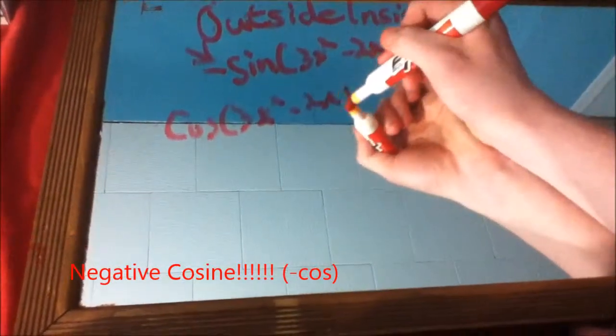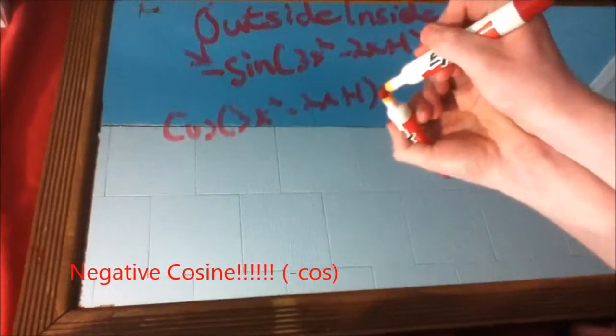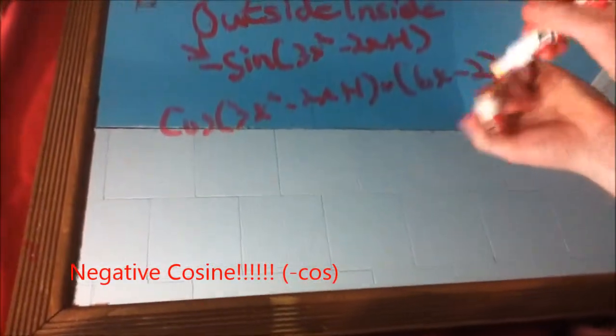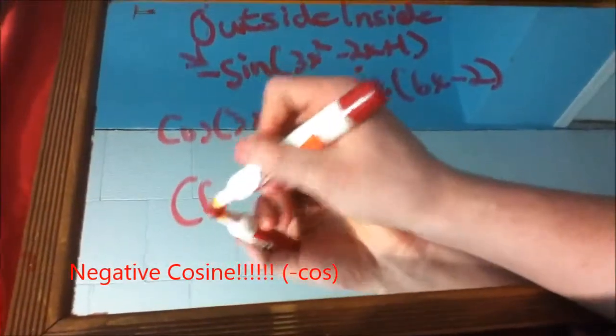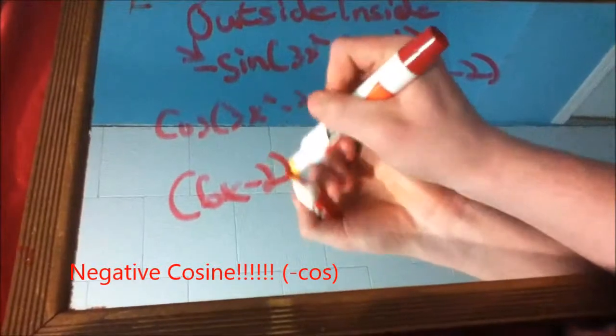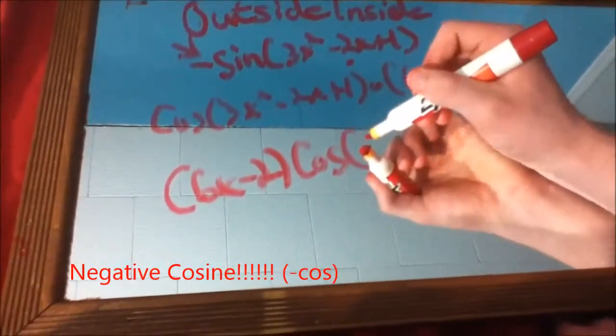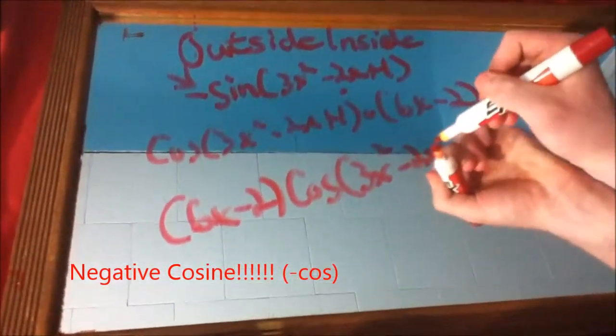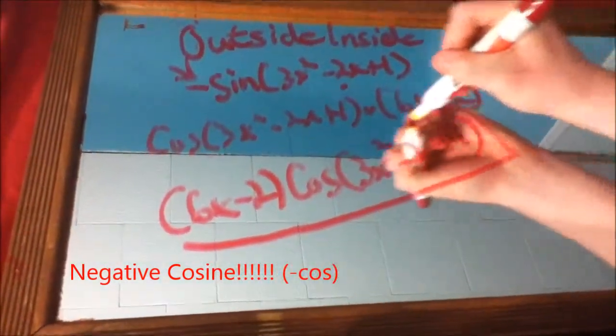Even though I wrote positive, it is negative cosine of 3x squared minus 2x plus 1 times the derivative of the inside, which is 6x minus 2. Rewriting this, make sure you put a negative on the outside. It's negative 6x minus 2 cosine of 3x squared minus 2x plus 1. And that would be your final answer.